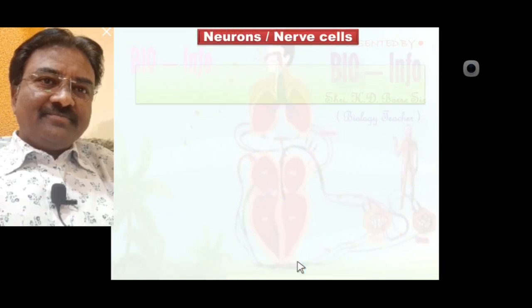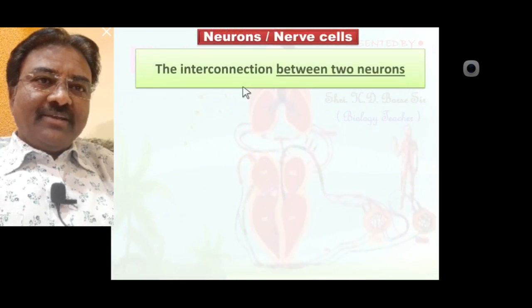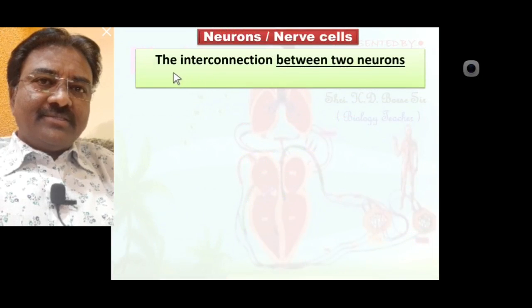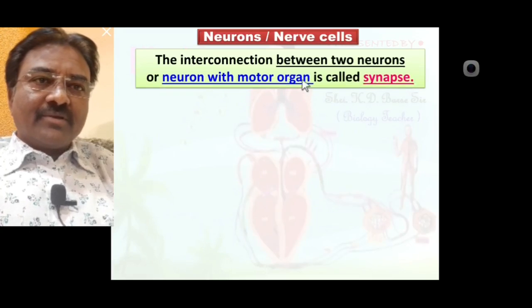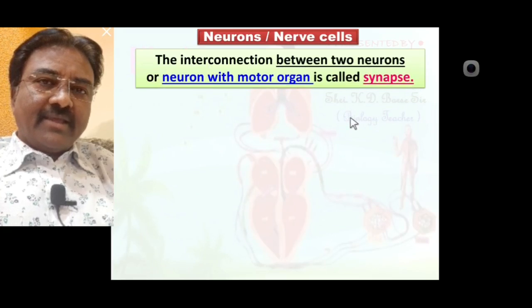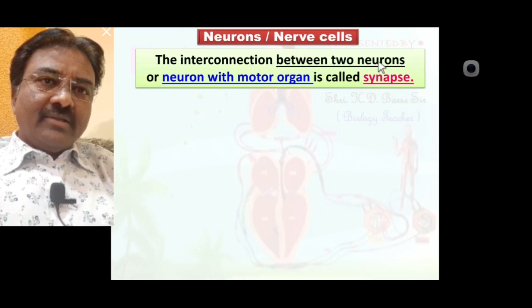Now, interconnection between two neurons or neurons with motor organs is called as synapse. Synapse is a space in between two neurons or in between a neuron and a motor organ. Such a small space is called as synapse.